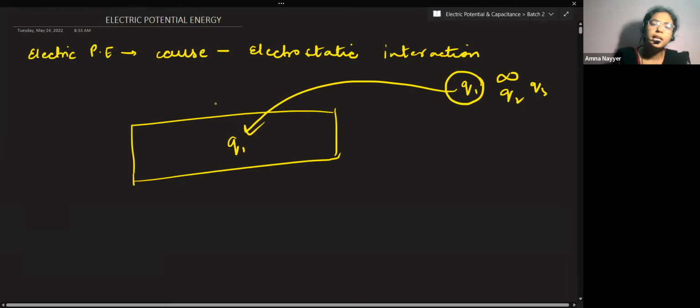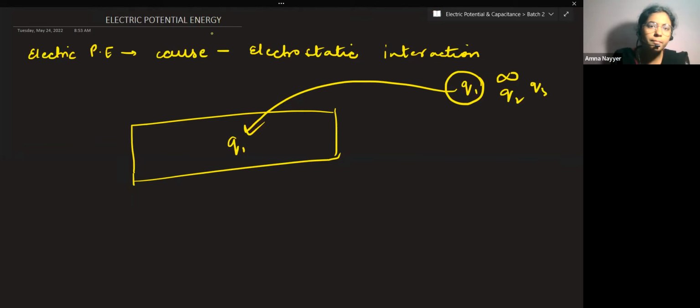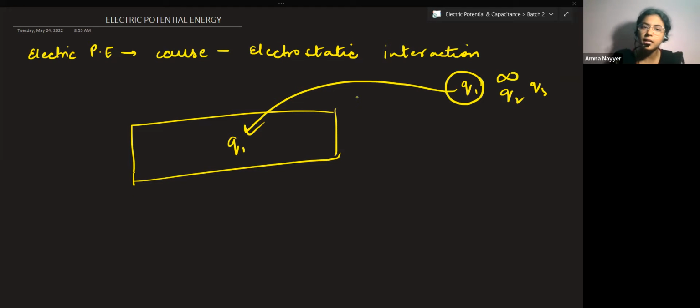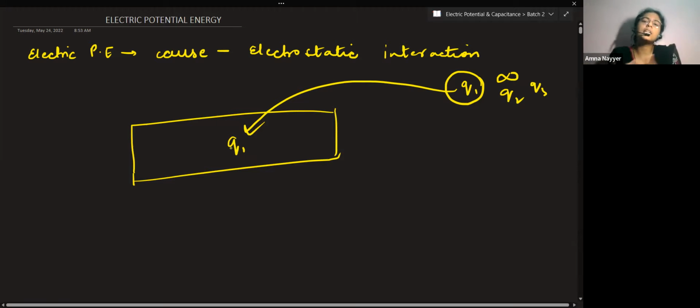Now tell me, is there any other charge apart from Q1? No, ma'am. Right now there is no other charge apart from Q1. This is the first charge that has come. It means there is no other charge present to interact with Q1. So there won't be any work done actually, because there is no other charge present with Q1.